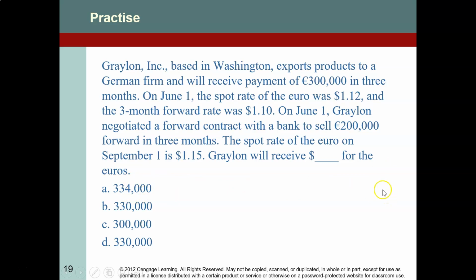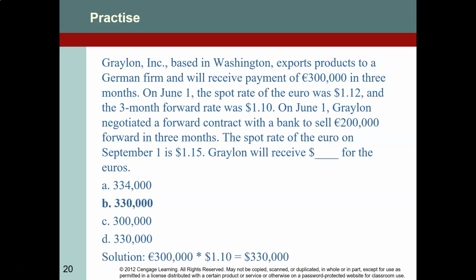Okay, think about this question. Let me know your answer. Resume the video when you're ready. Okay, if you're ready, the right option should be option B here, because the company already negotiated a forward contract with the bank.